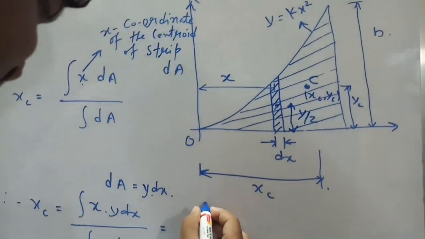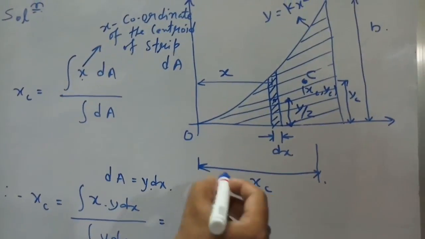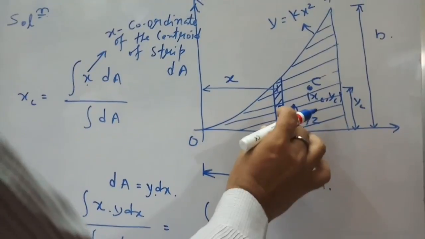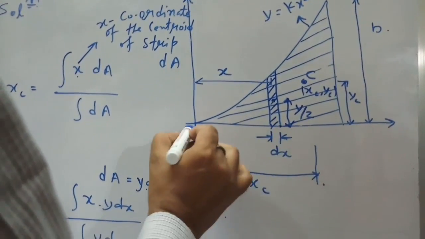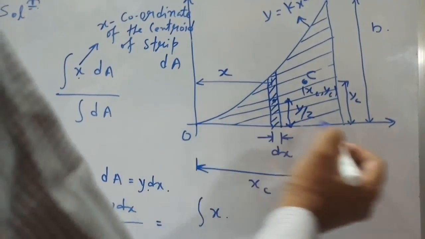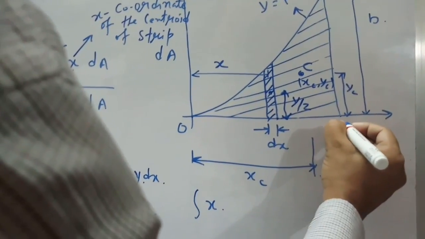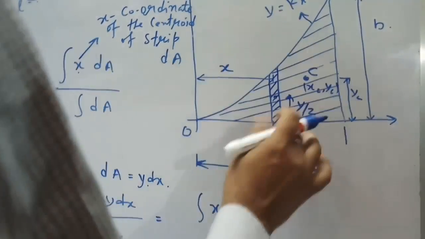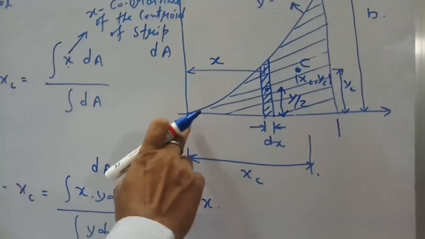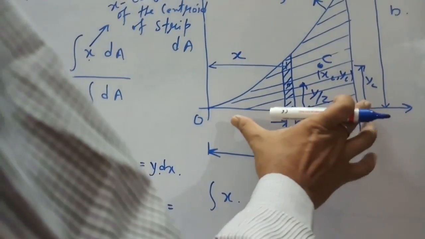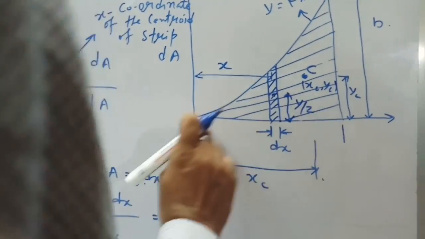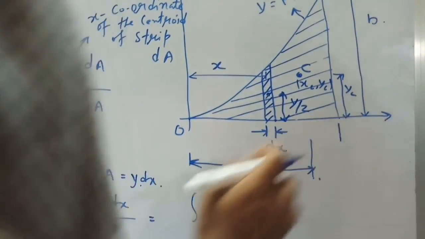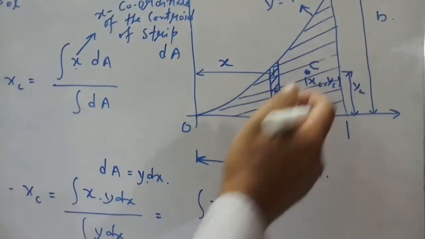The limits are from 0 to a, because as this strip moves from 0 to a, the total figure will come.